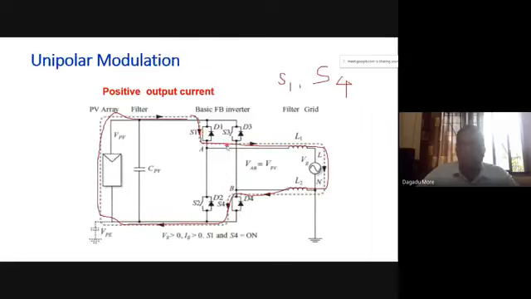We have shown here how the positive current will flow. Positive current will be taken from the supply or from PV when S1 and S4 are on. The other options are S1 and S3 on, and S2 and S4 on.